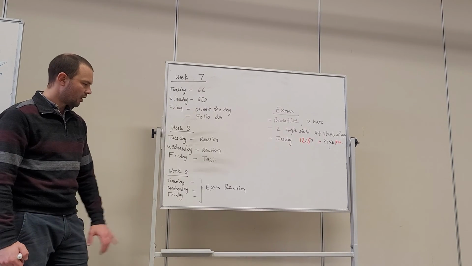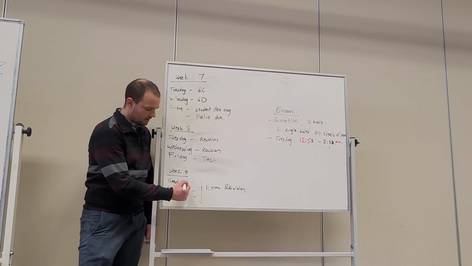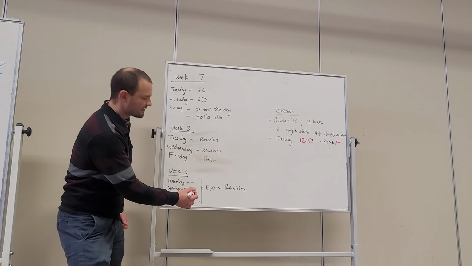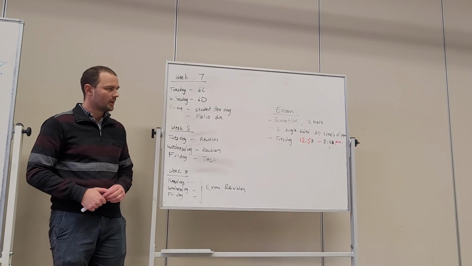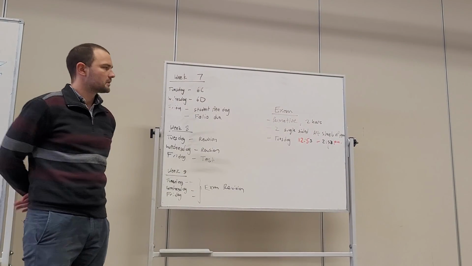Then we come to week 9, where we're just dedicating the time to exam revision. So on Tuesday, we'll revise functions and relations. On Wednesday, we'll revise polynomials. Friday will be a bit of a DIY lesson. Here's some information about the exam. It is formative. It goes for 2 hours.